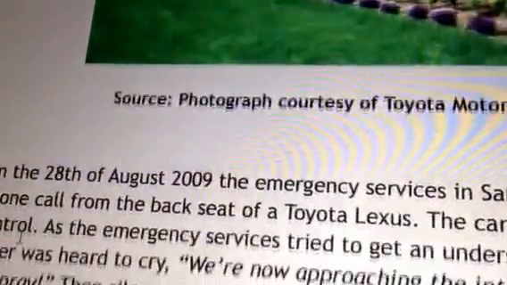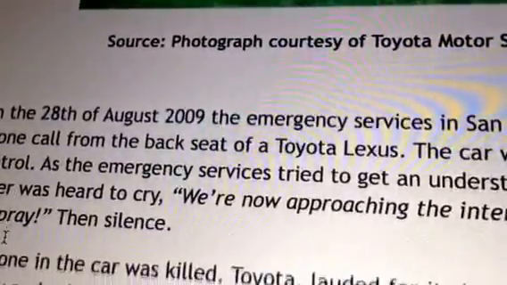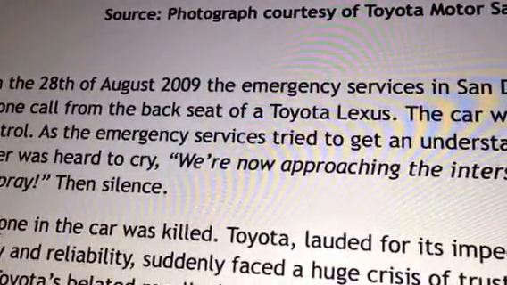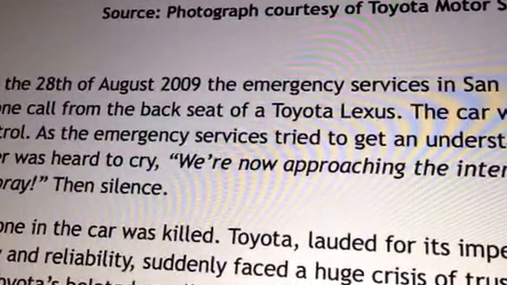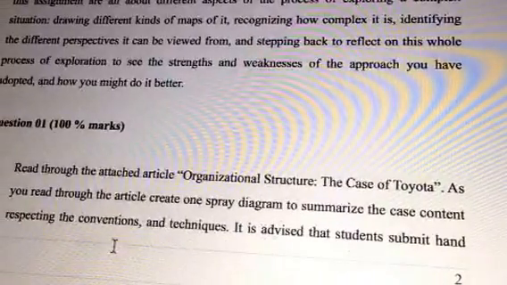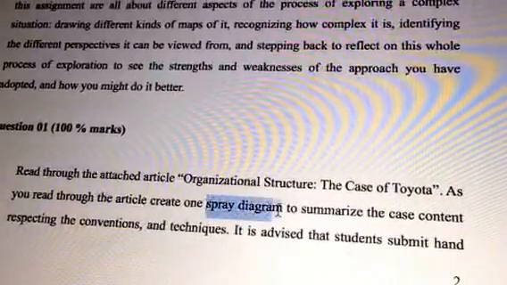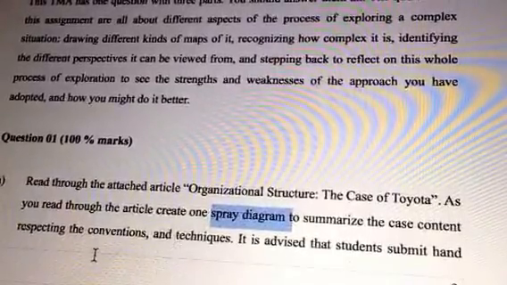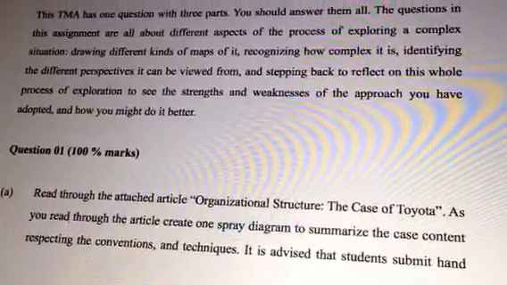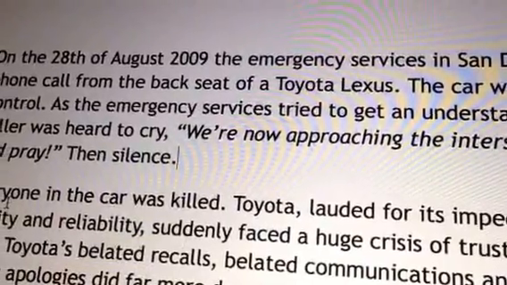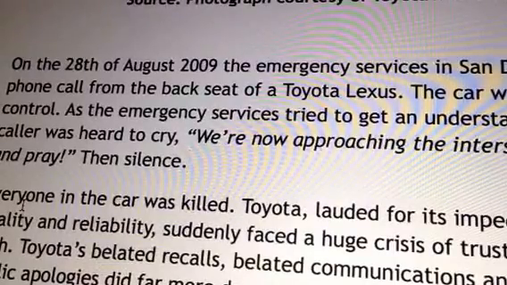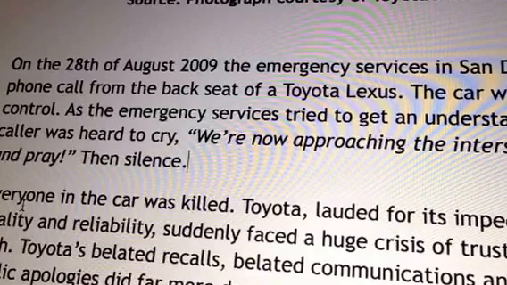Let's talk a little bit about the case study. The first question here says to do the spray diagram for this case study. And as you know, anything you have to start with a mind map first. Before the spray diagram, you do a mind map between you and yourself on a small or big piece of paper.